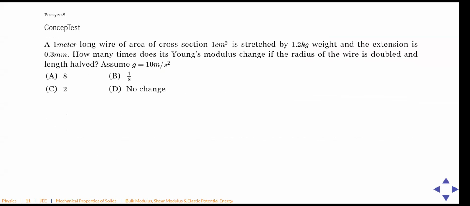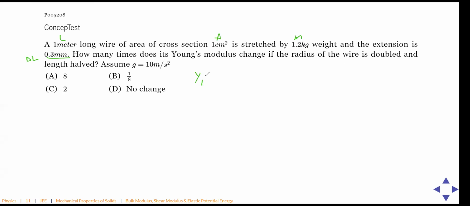L is given, area is given, M is given, delta L is given. How many times does its Young modulus change if its radius is doubled and length halved? We have to find the change in Y.